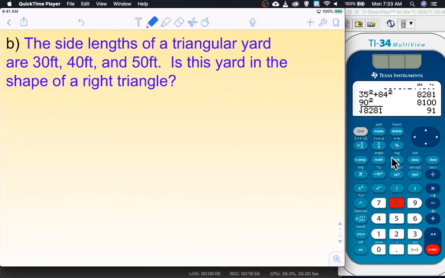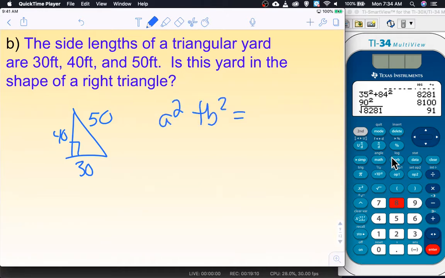All right. Side lengths of a triangular yard are 30, 40, 50. I'm putting the 50 where the hypotenuse would go, and then the 30 and 40 on the other two. The longest side goes in for the c, and the other two sides go in for the other two sides. Oh, I could actually do this math.